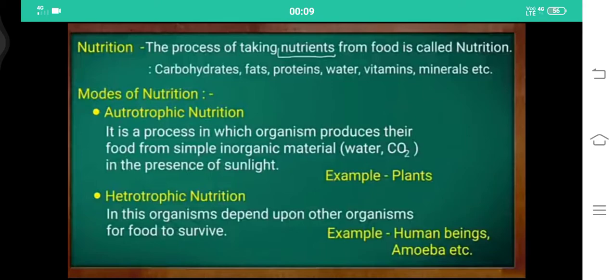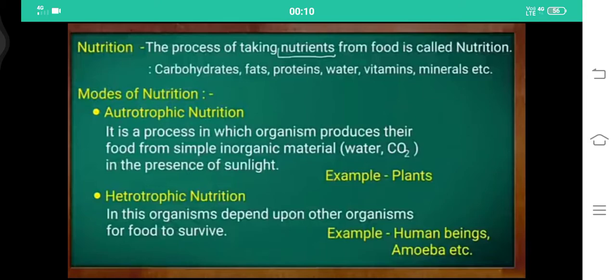So the examples for heterotrophic nutrition are human beings, amoeba. What about autotrophic nutrition? Understand the definition of autotrophs. Autotrophs means the organisms which are able to prepare their own food. Clear? What about heterotrophs? You know the definition.